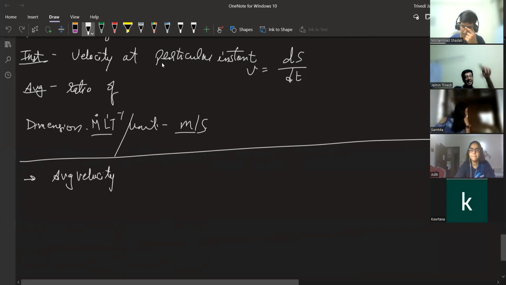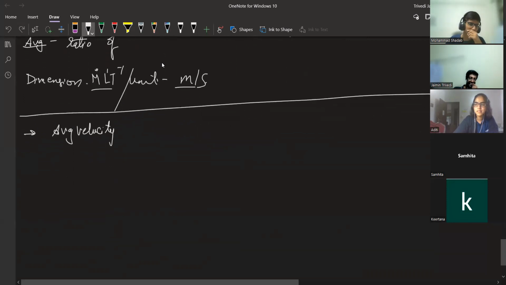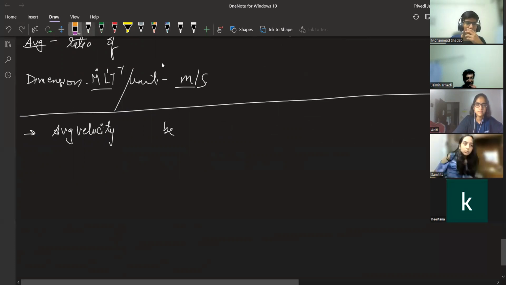Fine. Like some hypothetical situation, if I give you that the distance I travel will be the same, suppose he's in uniform motion, then in that case you should get 1, right?